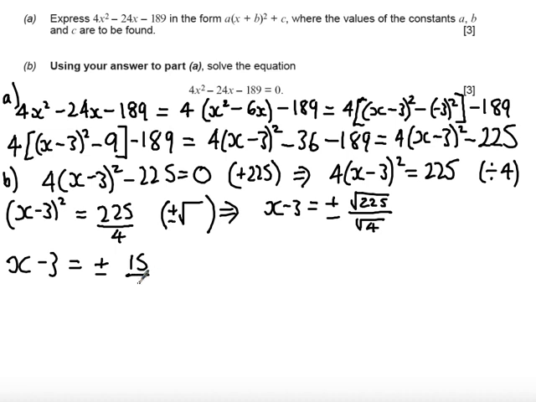Square root of 4 is 2. So all that's left to do is add 3 to both sides so that we get left with the solution of x equal to 3 plus or minus 15 over 2.